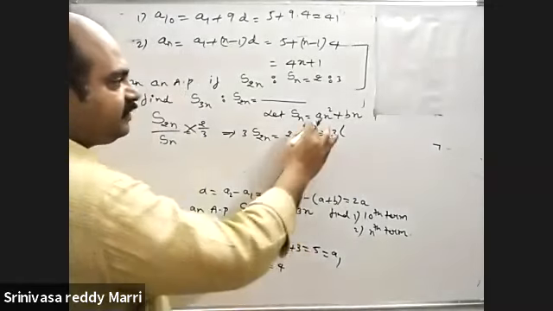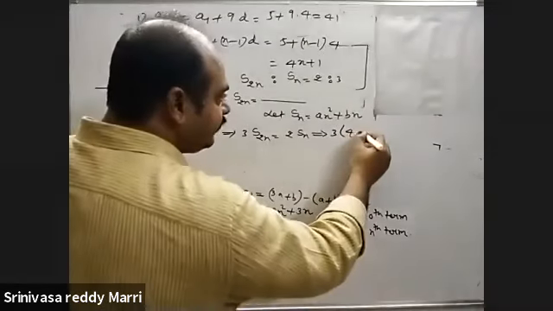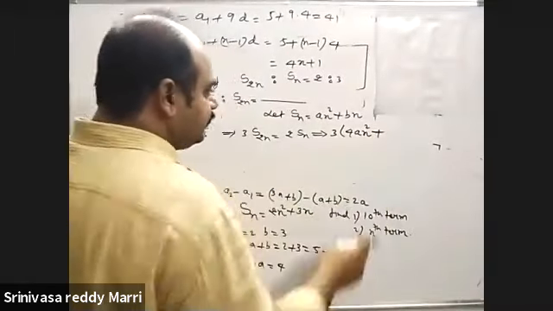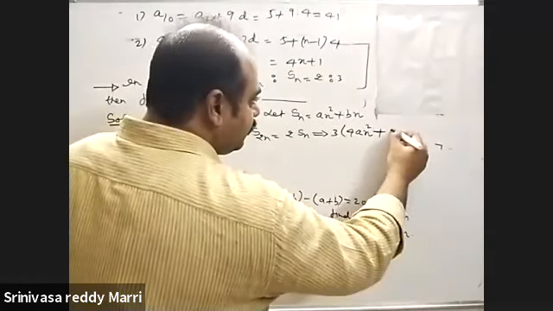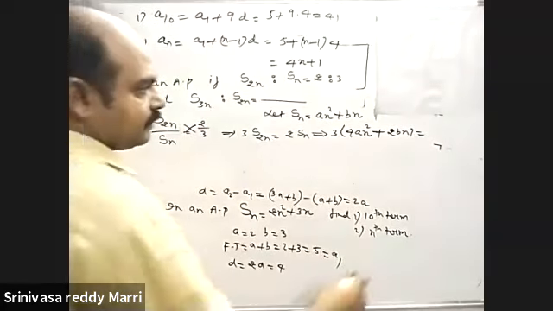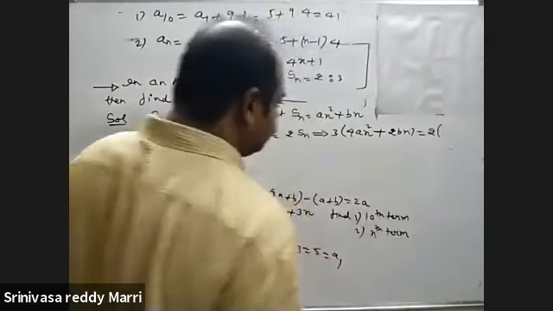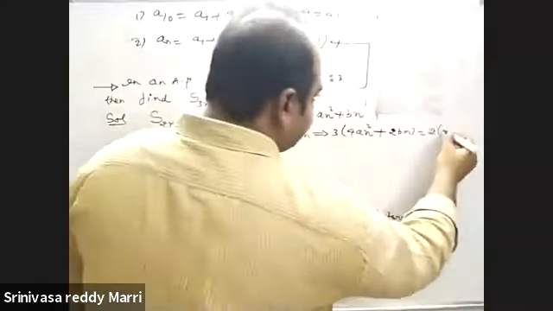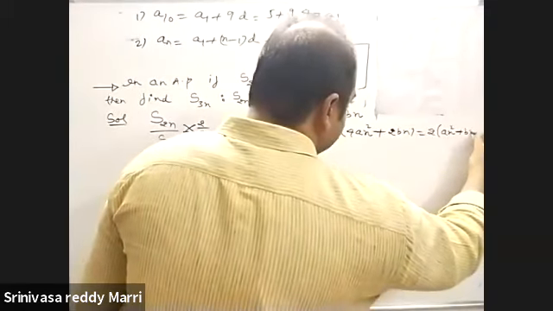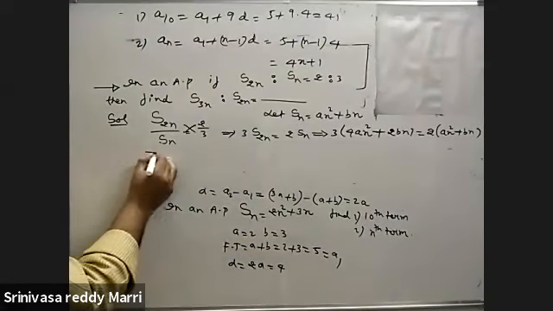In place of n, 2n means here you will get 2n whole square, 4an square plus 2bn, equal to 2 into Sn, same value substituted, an square plus bn. So bring all this side and find the relation.